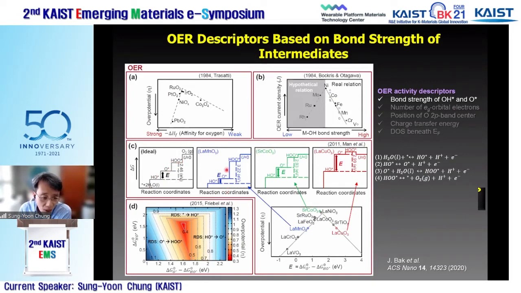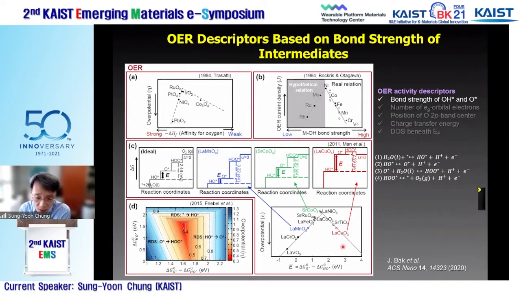But if some step is larger than 1.23 volts, we call this a rate limiting step. The efficiency is much lower than the ideal case, which means we need a larger potential. In this case, the second step is much higher than 1.23 volts, so this is the rate limiting step.